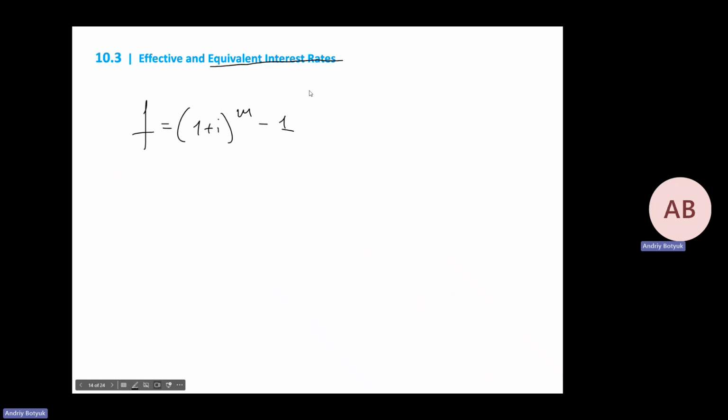But if you need to find the effective interest rate for any other rate compounded differently than annually, then you use this formula and calculate it. They use letter F. F equals 1 plus i to the power m, minus 1. So m, you know what m is. i, you know what it is. And this is the effective rate if we use base Jm. So this is the rate, and that is the effective rate for that rate. Okay?